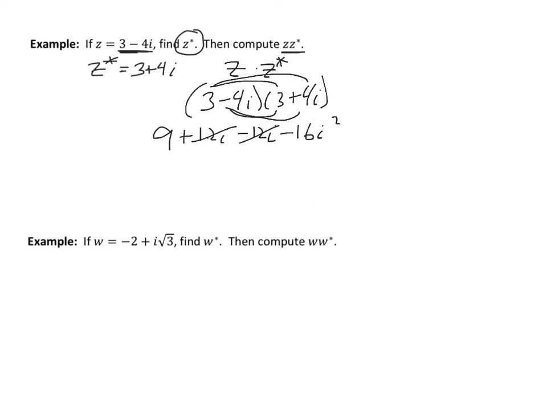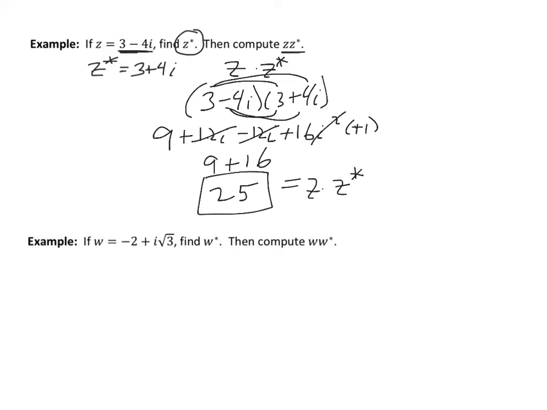You'll notice the imaginary parts drop out. We know that i squared turns into negative 1, and that multiplies with the negative 16 to give me 9 plus 16, and so I get 25. So 25 is z times the conjugate of z.